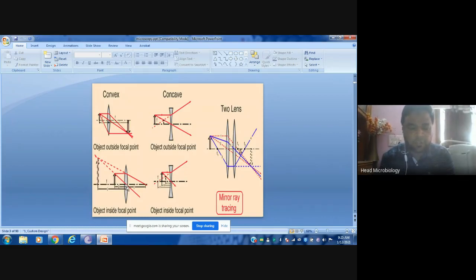You will be getting an enlarged, straight and virtual image on the same side. This is what happens in the case of your eyepieces.